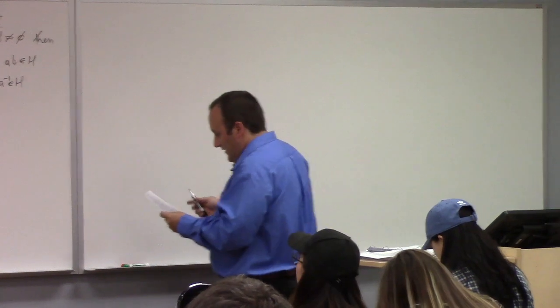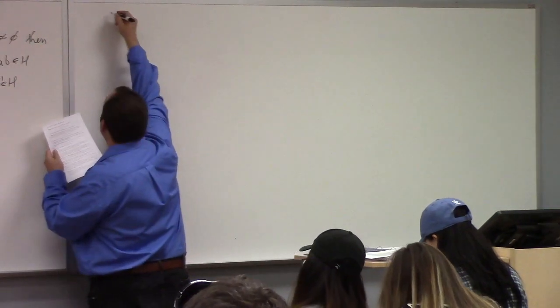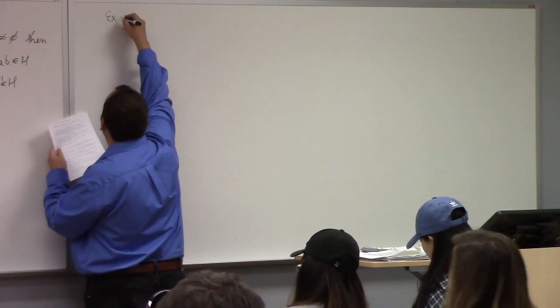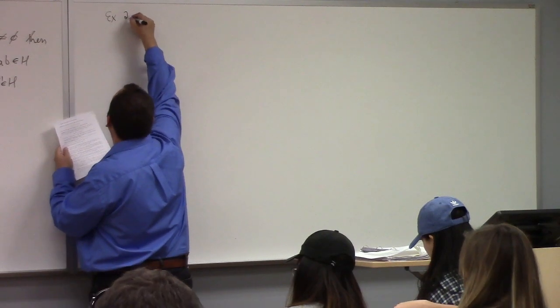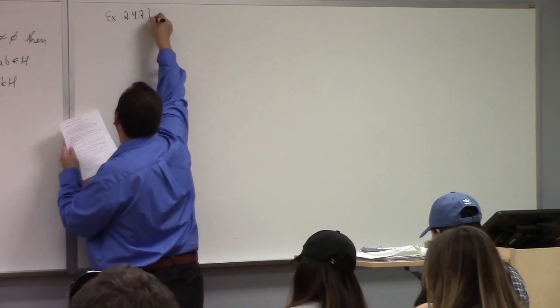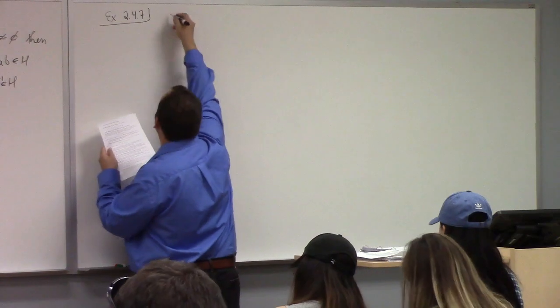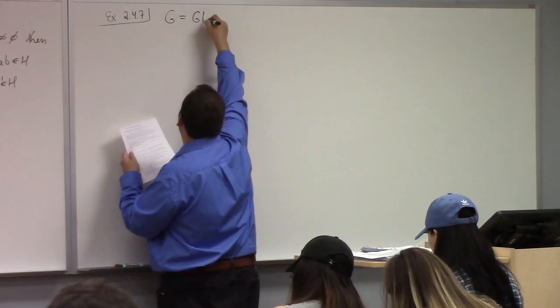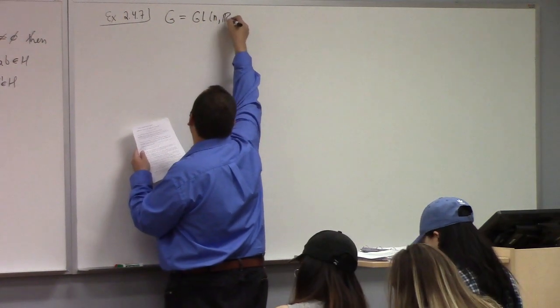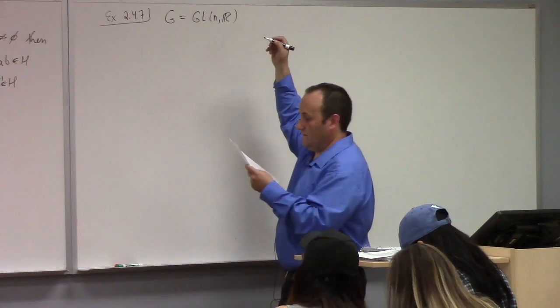All right, enough about that. So here's an example, 2.4.7. Let our group be GL_n(R), so n by n invertible real matrices.